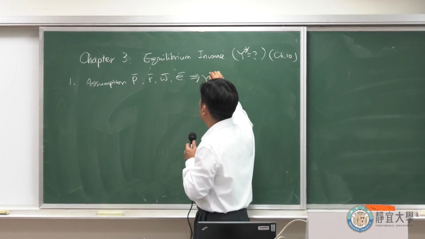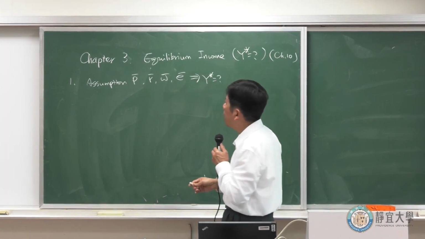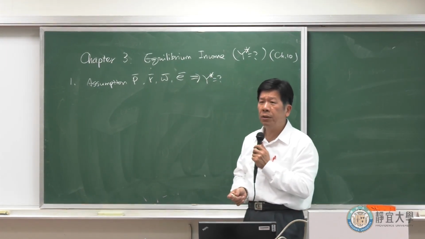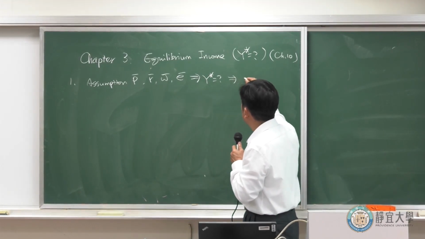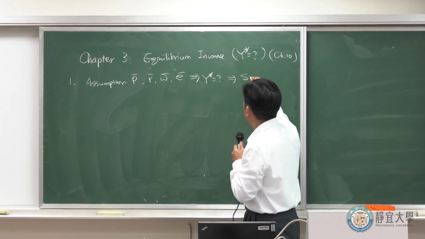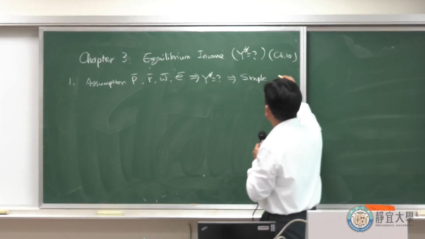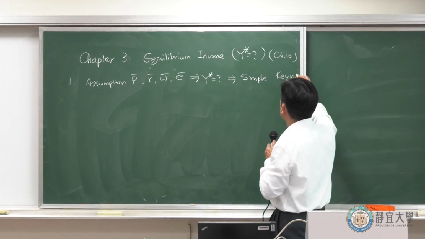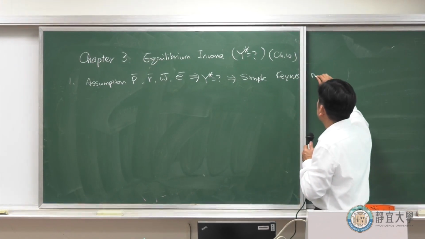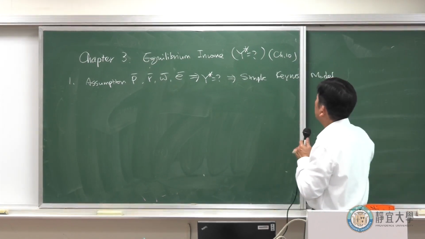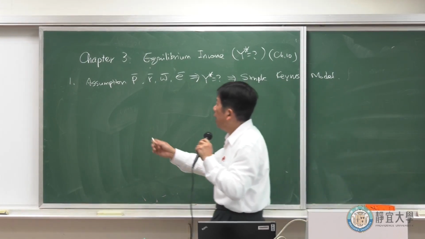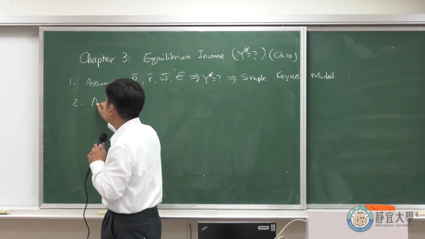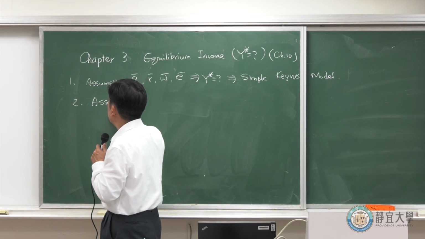Then we want to find what equilibrium Y equals. This is what we call the simple Keynes model, which we mentioned last week.